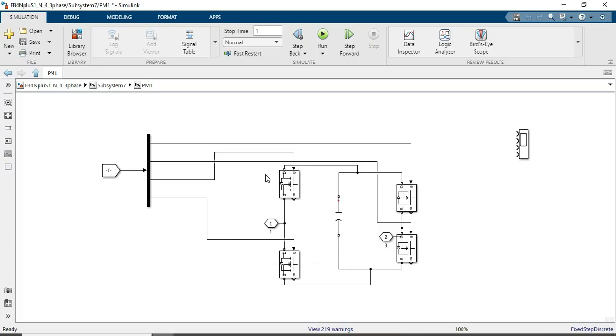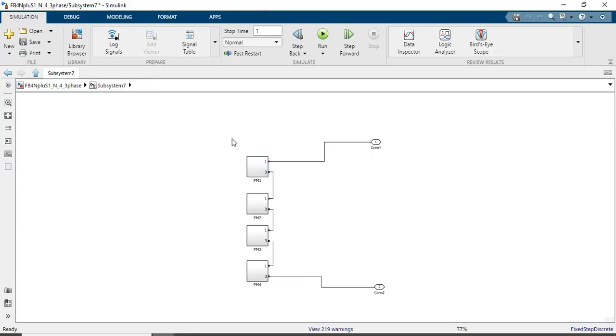So in the model we have a full bridge. This is the full bridge, right? And in this full bridge we have four switches and one capacitor, and we are operating it with four different signals. So we need four different signals for each submodule.